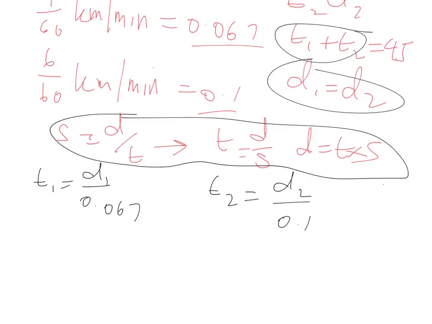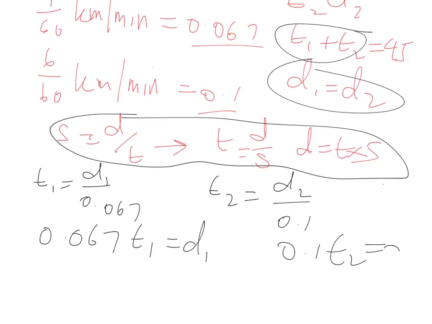So over here, 0.067 T1 equals D1, and 0.1 T2 equals D2.